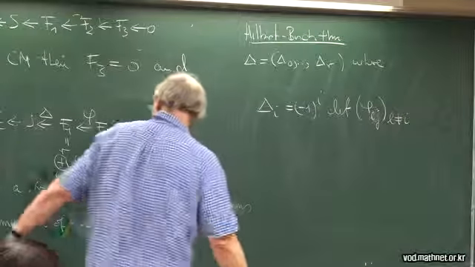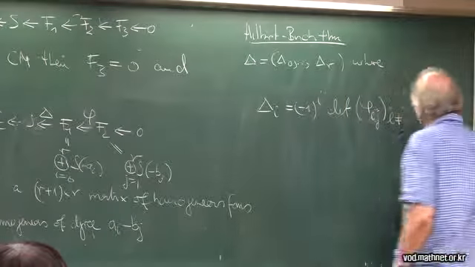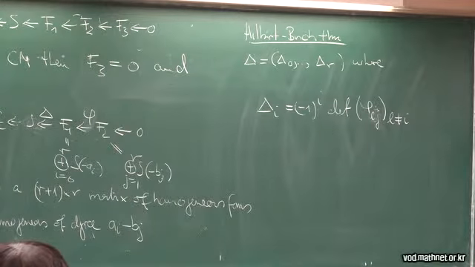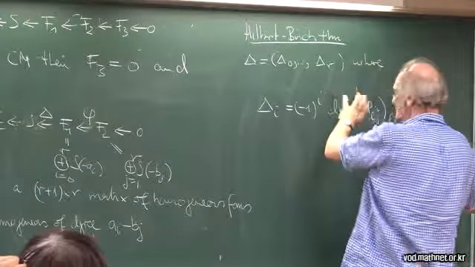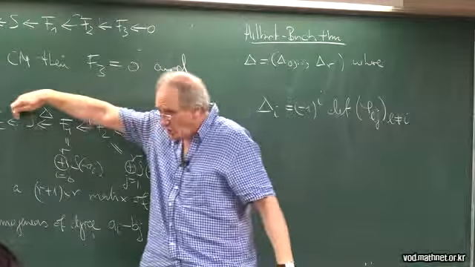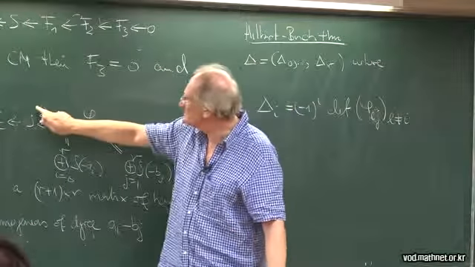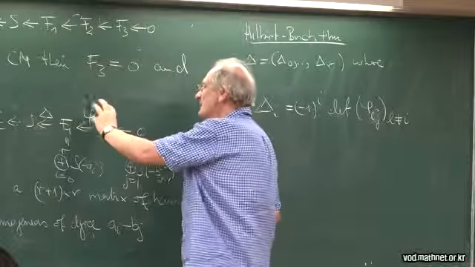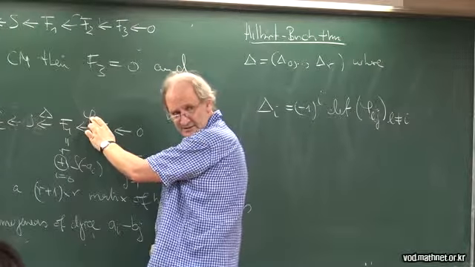So I drop the i-th row, and take a sign. So any such short complex is given by a matrix of forms. This is also given by a matrix of forms, but these are really just the minors of this matrix here.